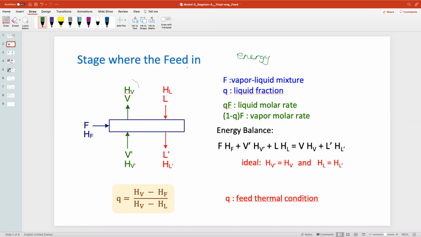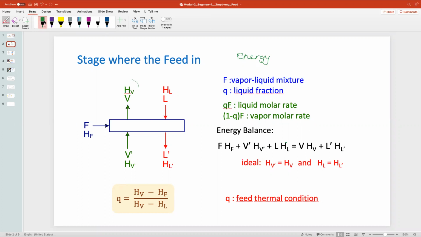Okay, and then we are going to define Q, the feed thermal condition. It is defined as the enthalpy of vapor minus the enthalpy of the feed, divided by the enthalpy of the saturated vapor minus the enthalpy of the liquid.